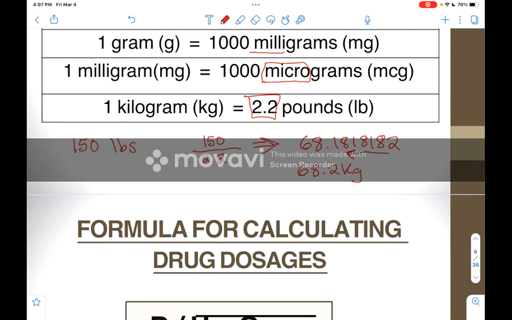And then if we want to convert from kilograms to pounds, say our patient weighs 90 kilograms. We're going to take 90 and multiply it by 2.2. Okay, and that's 198 pounds. So that's pretty easy. If you can just remember 2.2 is the conversion.